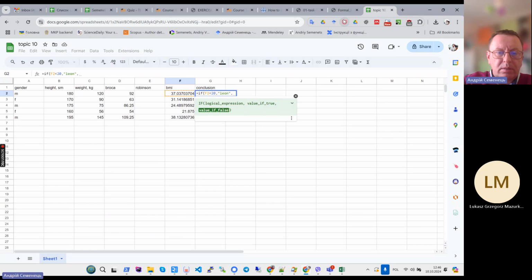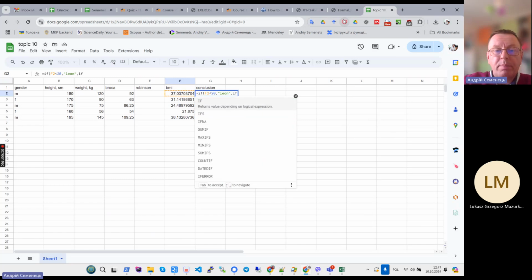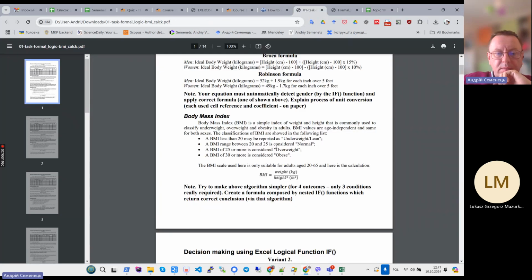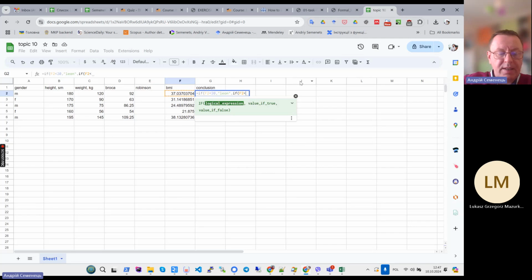Instead of providing an outcome, I put another IF function and another condition. Again, I test the same value. Is it in the range between 20 and 25, less than 25? If so, we are talking about normal.